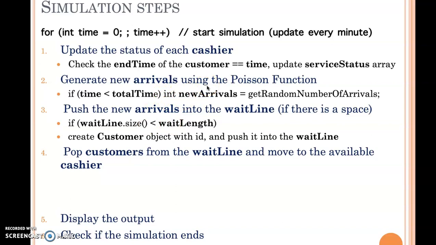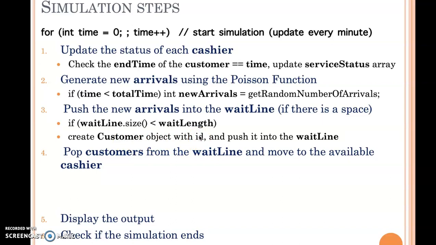Because sometimes people, they thinking about to pay, but when they see so many people, so maybe they just go back to shopping again until the line is a little less. Okay, so that's why you push the new arrival to the waiting line only if your wait line has room. So once you have your new arrival go to the wait line, they become the customer object. So that's why here you need to create a customer object with the ID.